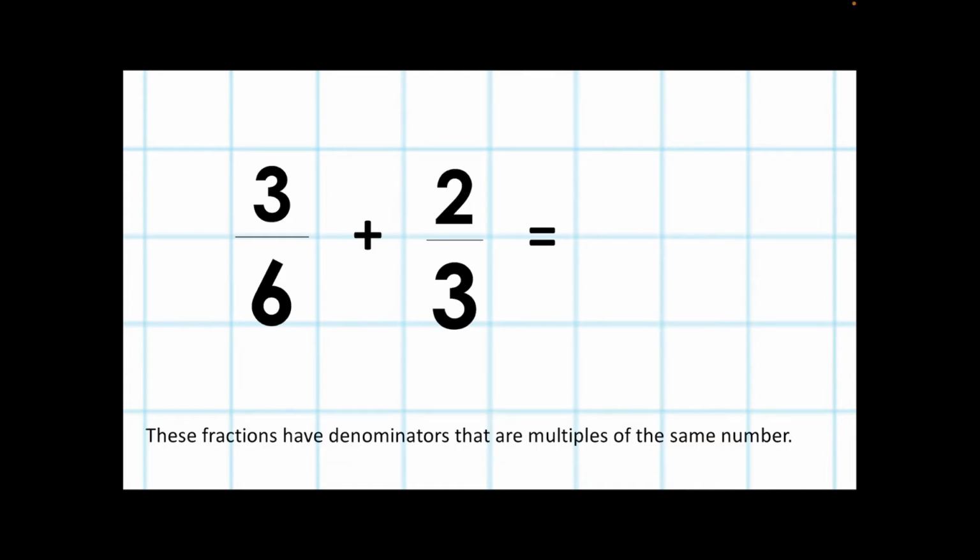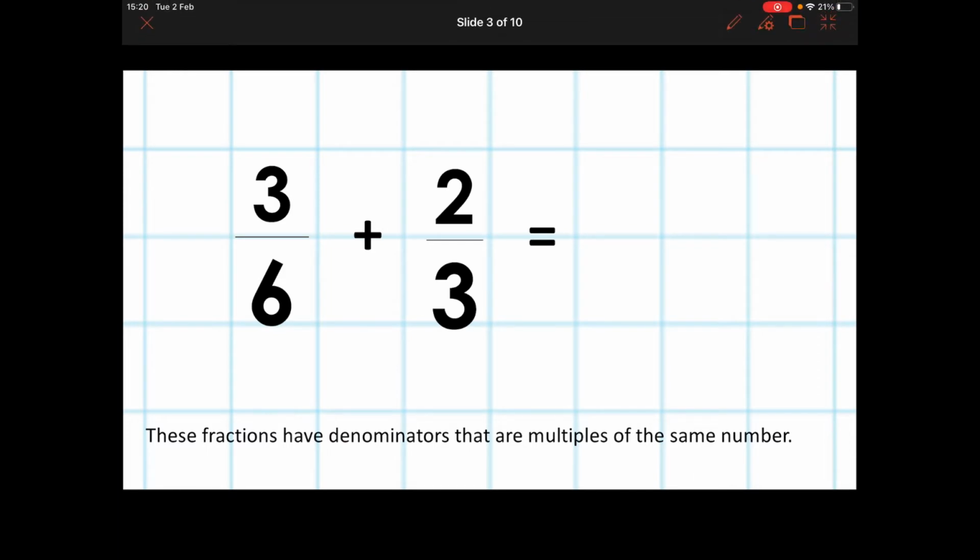Here I have two fractions. You will notice they have different denominators. So let's have a look to see if we can work out what to do. We know it's much simpler to add fractions when they have the same denominator, so we are going to make them both have a common denominator.